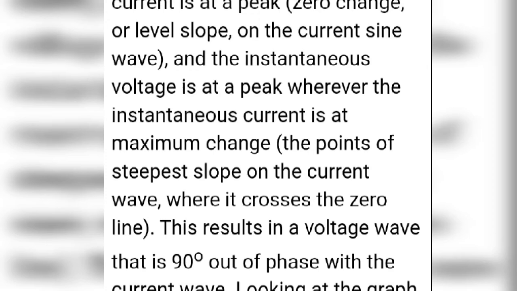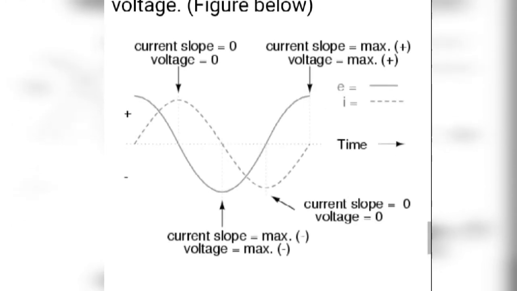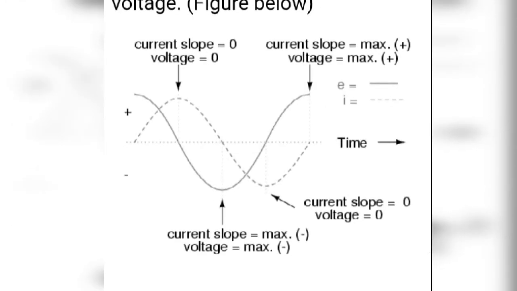Looking at the graph, the voltage wave seems to have a head start on the current, where the voltage leads the current and the current lags behind the voltage. Here is a picture of the lagging current and voltage.